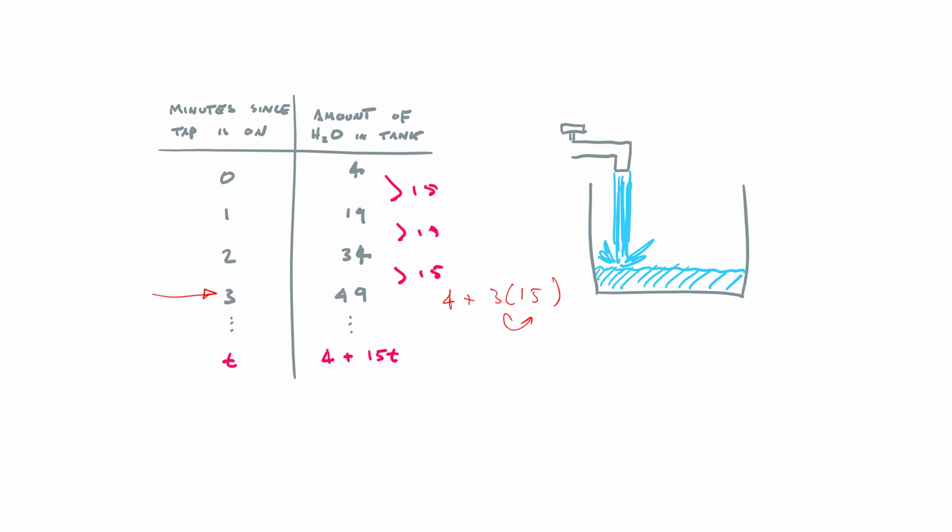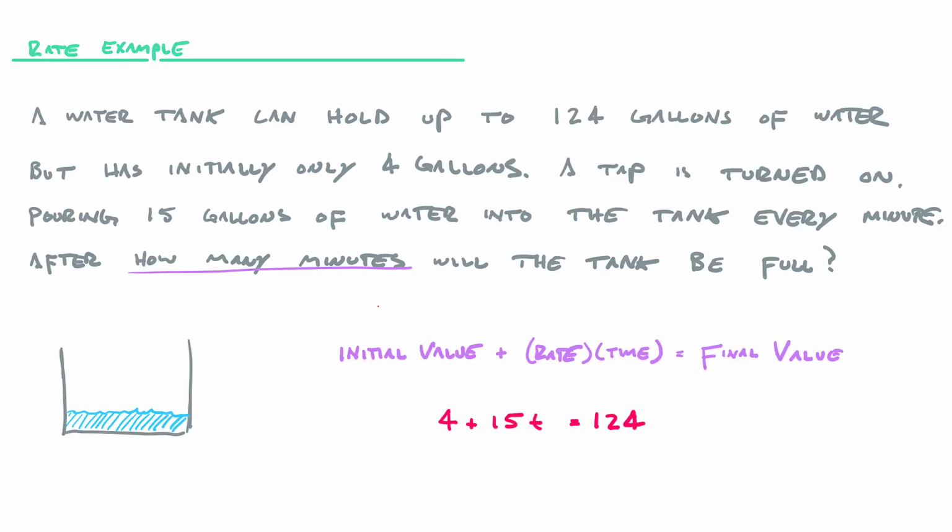Multiplication is commutative. 3 times 15 is the same as 15 times 3. But in any case, you're adding 45, right? This product is 45. That's why we get 49 here for the amount of water, because you're adding that initial value. So then our formula becomes initial value, which is 4, plus 15t, and that's all equal to 124.